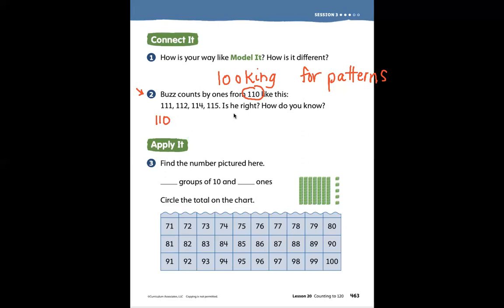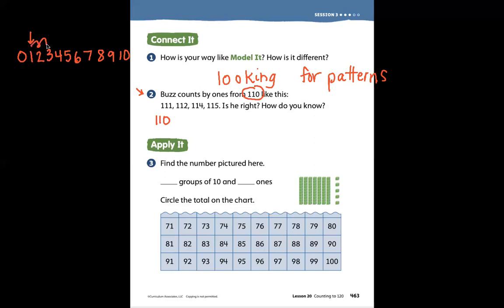Let's first look at numbers starting from 0 to 10. 0, 1, 2, 3, 4, 5, 6, 7, 8, 9, 10. When we are looking at numbers, you can see that after a 1 comes a 2.